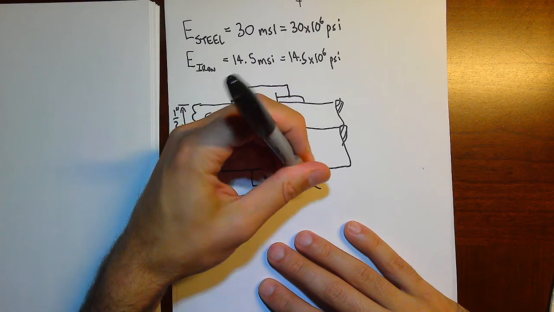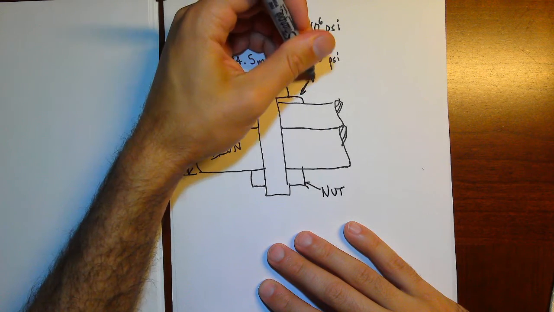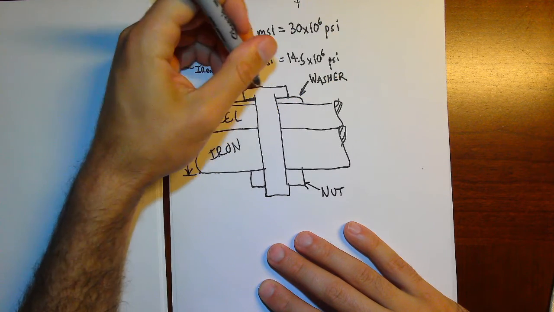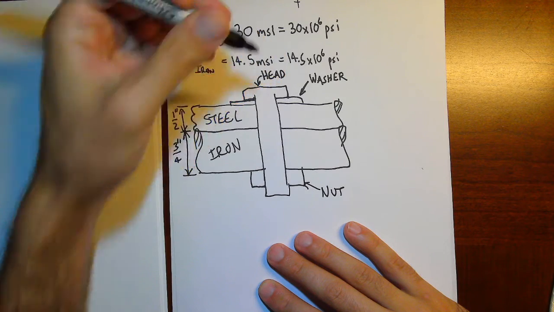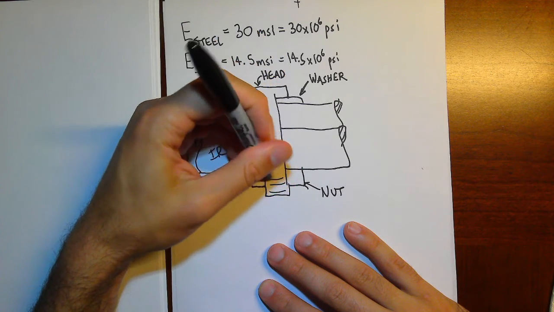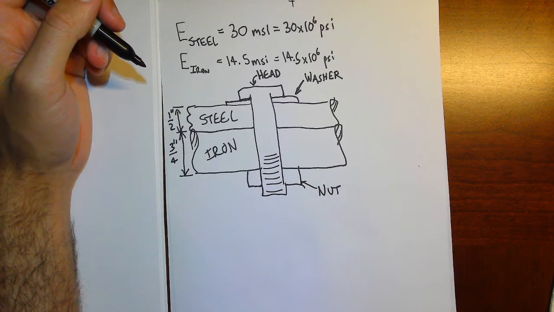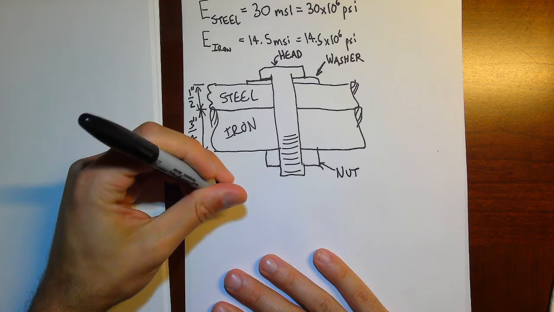So the nut, the washer, that's the head of the bolt. This thing, of course, is threaded some length. This is a bolt used.